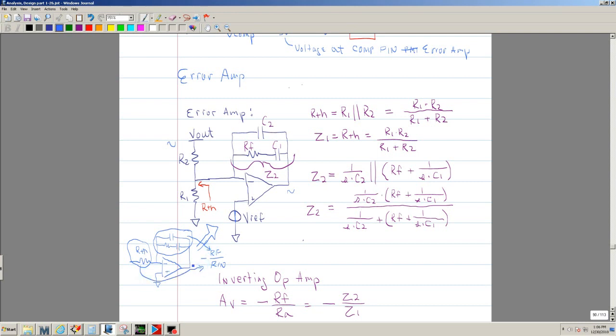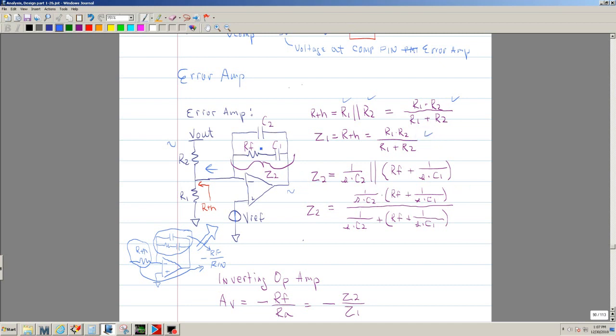Okay, so now that I have that, then we can write the mathematical functions. Okay, so this is going to be Z1. This is the impedance of this here, and we can say that it's R1 in parallel with R2. So here you have the equation. So then we can formally say that Z1, which is this part, is this function.